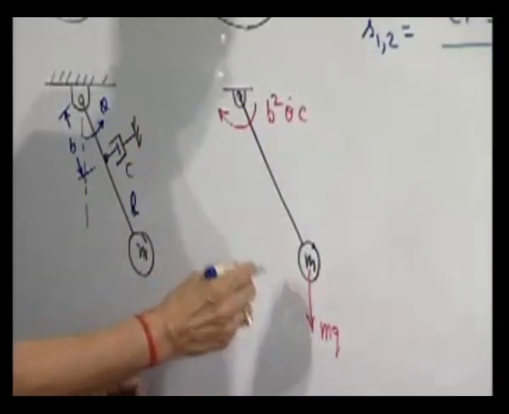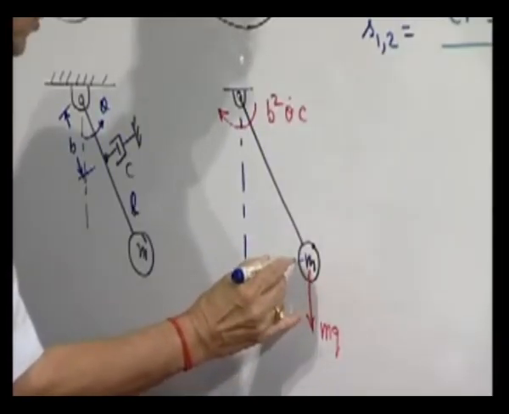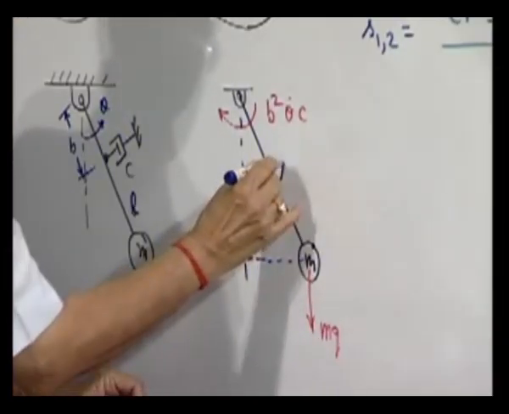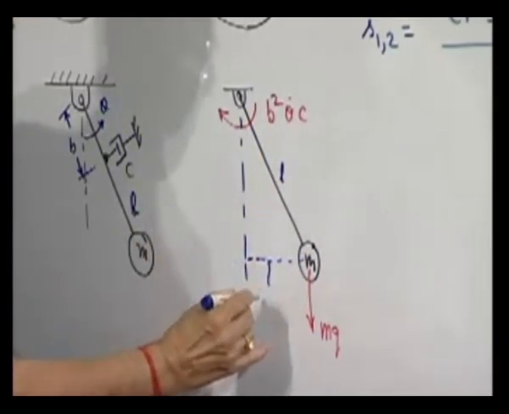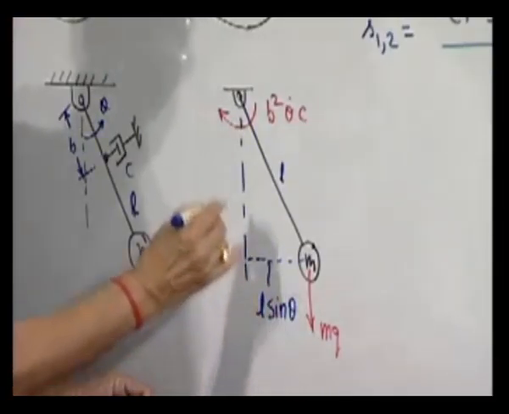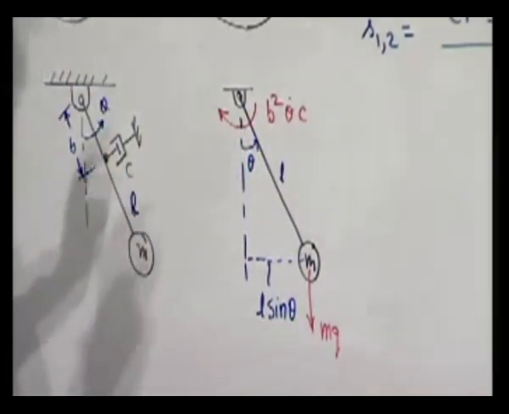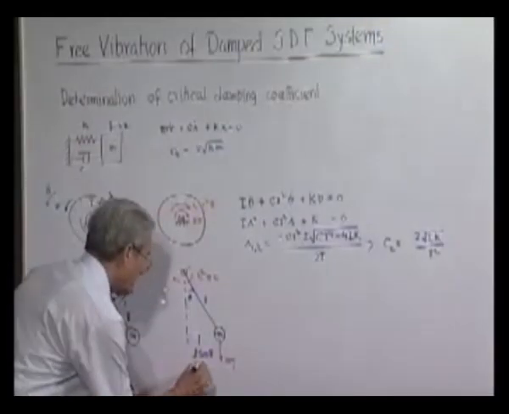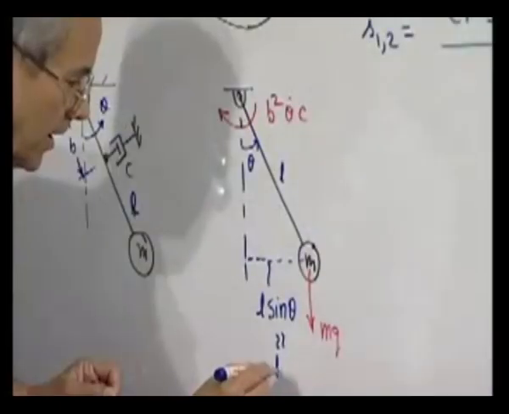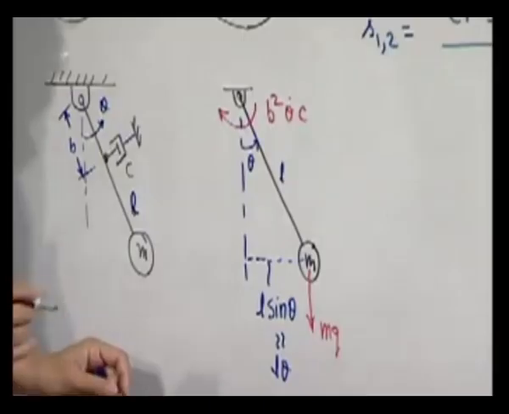What will be the moment of the restoration force? It will be the moment of this force. If the length here is L, this is L into sine theta, as this angle is theta. But we always remember this thing, we always consider small oscillation. So, this is approximately equal to L into theta, sin theta is theta, otherwise you will have a nonlinear equation.